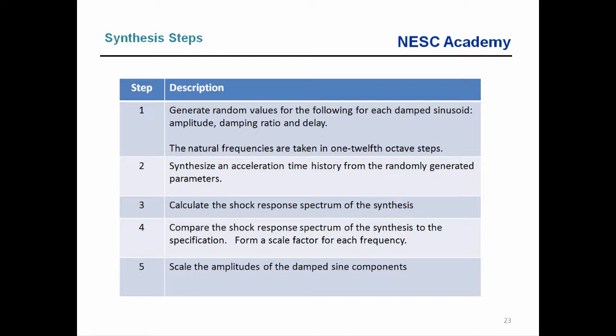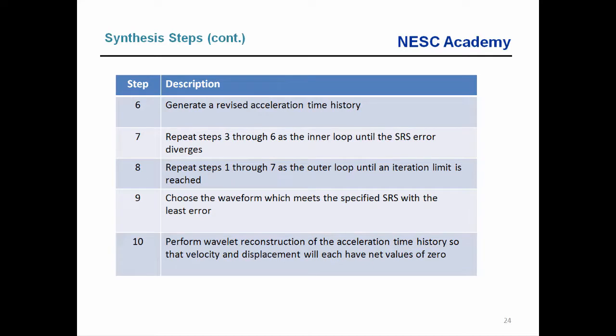What we're trying to do is take this table, which is the source for the composite time history, and rescale the amplitudes to make it the best that it can be. In step 6, we generate a revised acceleration time history. That series of scaling steps from steps 3 to 6, we repeat as an inner loop for so many times or until the SRS error diverges, and then we repeat steps 1 through 7 as the outer loop.